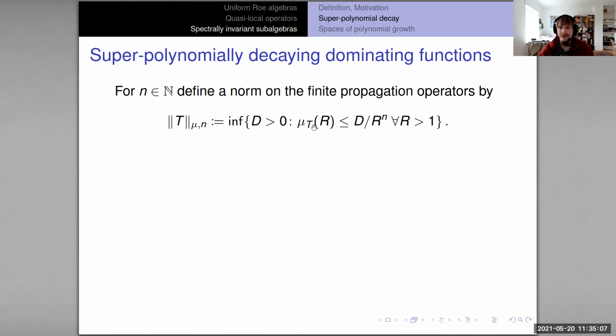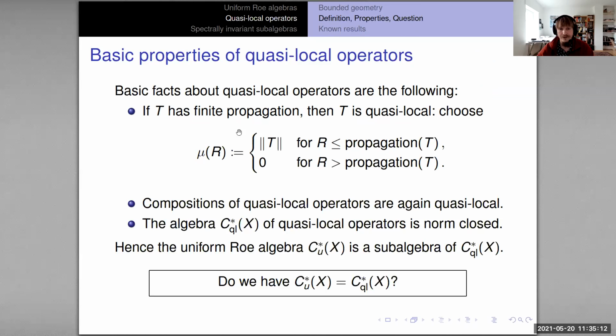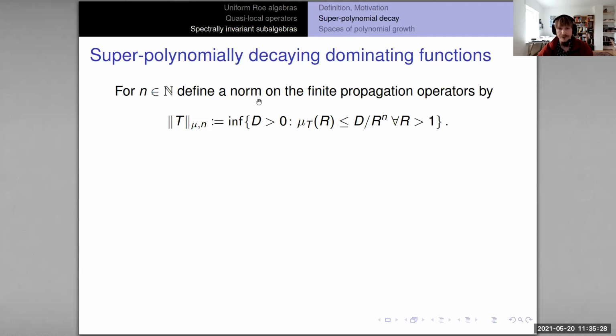Note that, if I go back here, this function mu that I've written down here, that you can choose if T has finite propagation, is just one possible choice for a dominating function, but usually it's not the smallest possible choice of function mu. So for this definition, in order for this to really make a nice norm, you look at the smallest possible choice of dominating function, and then you demand that it is bounded from above by d over a polynomial in R. So you want the dominating function to decay like a polynomial.